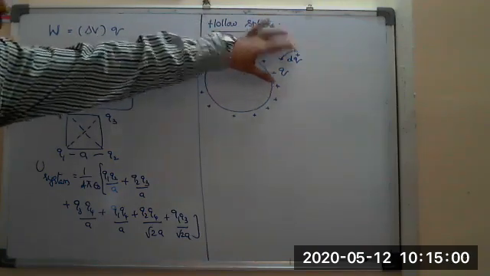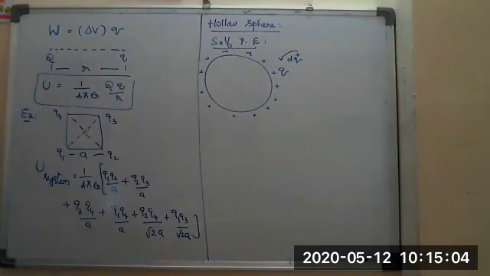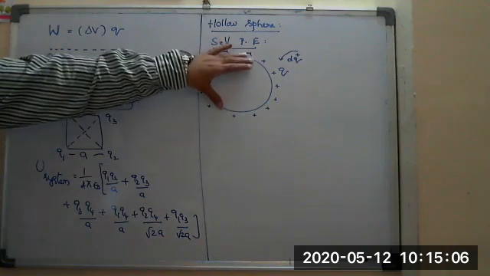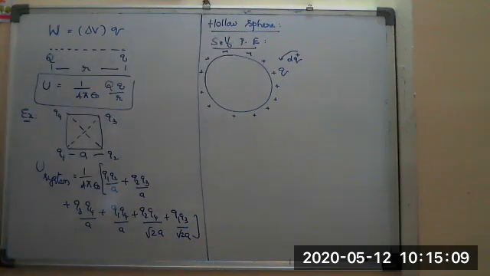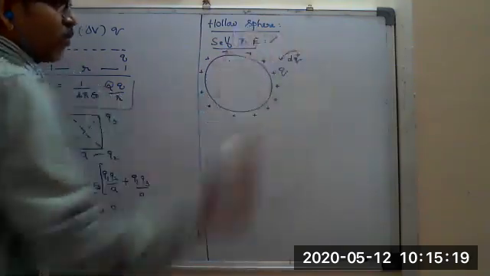At that time, to add this charge to the sphere, we have to do some work against the potential over the surface. That work done, as already discussed, is in the form of potential energy. That potential energy is named as self-potential energy.